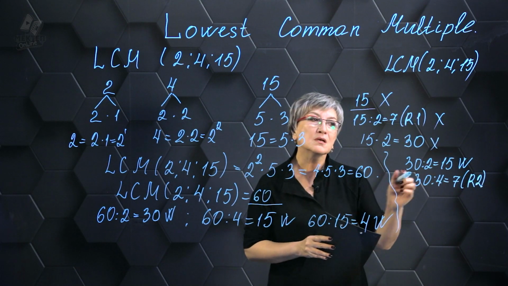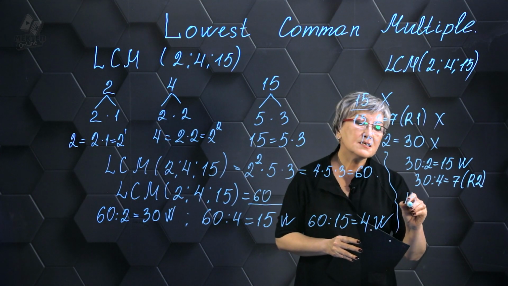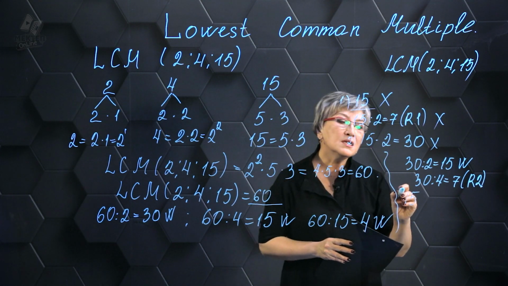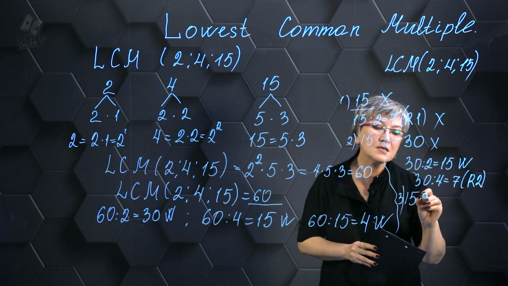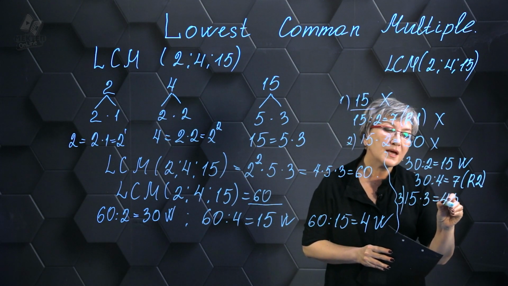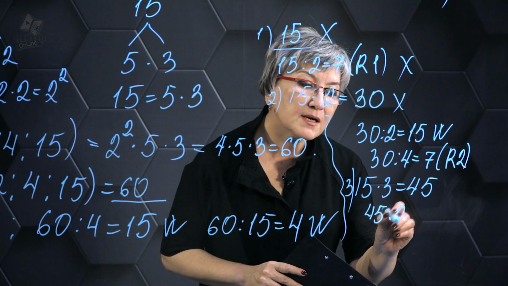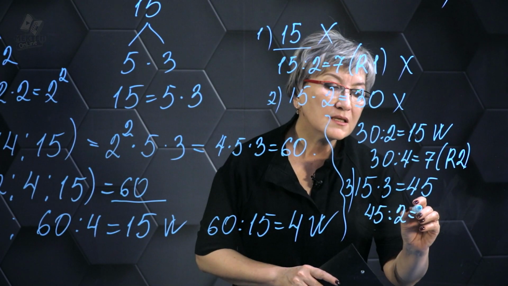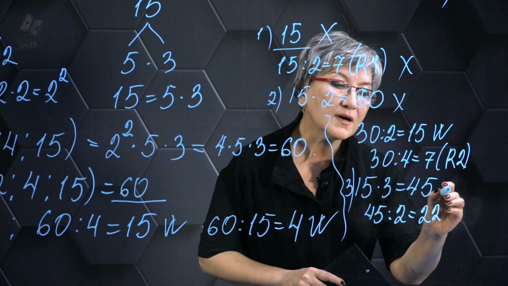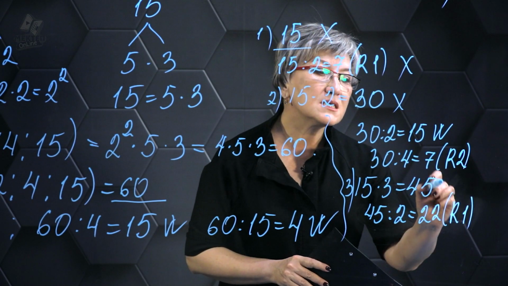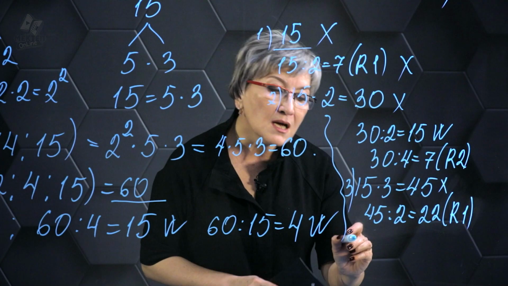Then I have 15, which means I took the first step. Then I took the second step. Now I'm taking the third step. I multiply 15 by 3 and it will be 45. So let's check. I divide 45 by 2. The result is 22 with a remainder of 1. When there's a remainder, it means this number is not suitable. Okay, time for the fourth step now.